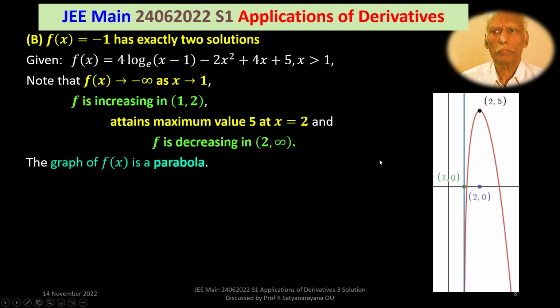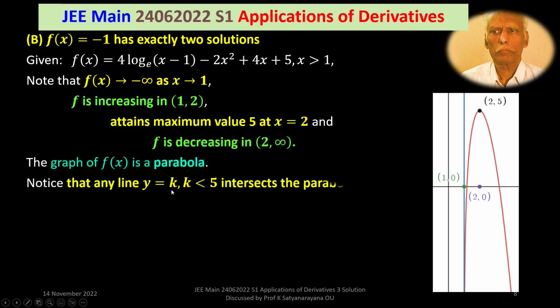Now you see any line parallel to the x-axis, that is y is equal to k, where k less than 5, will intersect the parabola in exactly 2 points. So notice that any line y is equal to k less than 5 intersects the parabola in exactly 2 points. In particular, y is equal to minus 1, being less than 5, intersects in exactly 2 points.